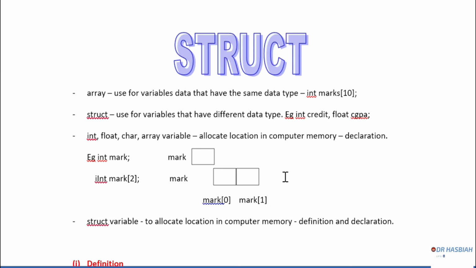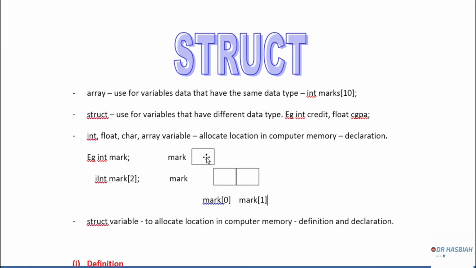Before we move to the struct, I would like to bring the students back to the previous lecture that we have learned before this. Let's say you have a variable, and you declare it as integer, or you can declare it as float or char or array. So what do you understand by this declaration?